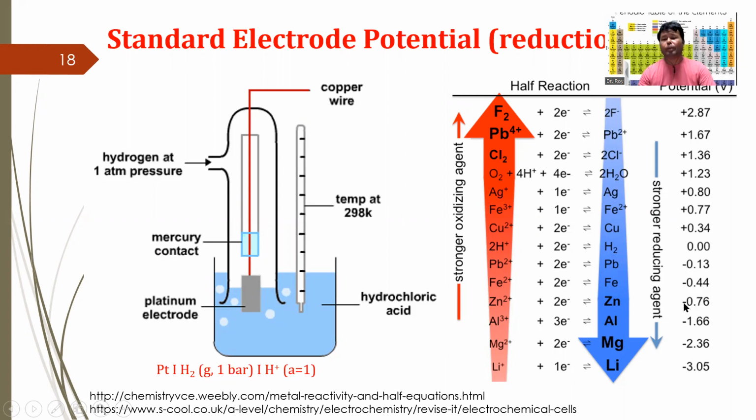That would be positive, because this is the reduction potential and this is the oxidation potential, so we have to sum up 0.76 and 0.80. So the total cell potential equals 0.76 plus 0.80.